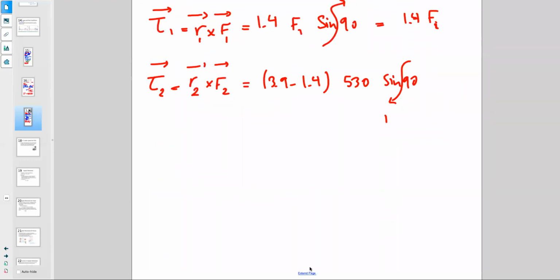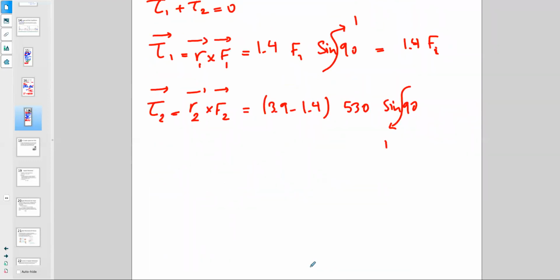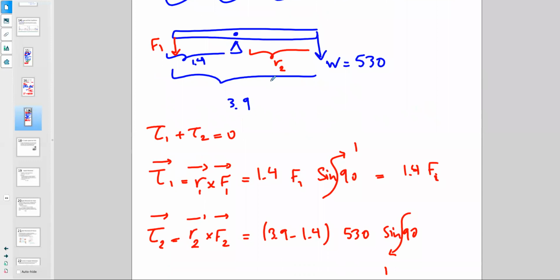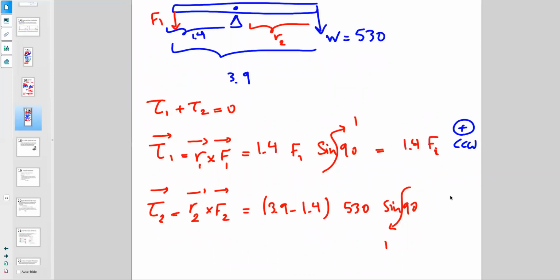So for torque 1 and torque 2, one would be positive and the other negative. It's easy to choose one direction to be positive. The 1.4 F1 is causing this object to move counterclockwise, which we consider positive. And this one will cause the motion to be clockwise, which is negative.